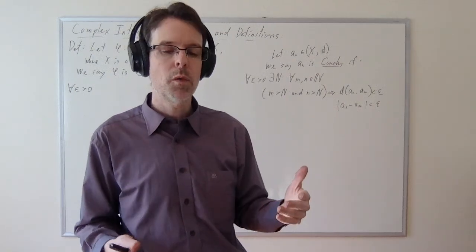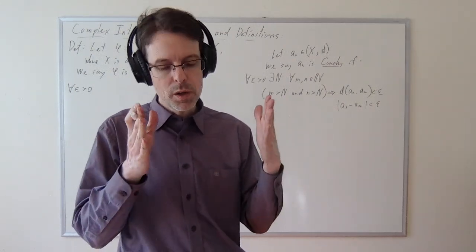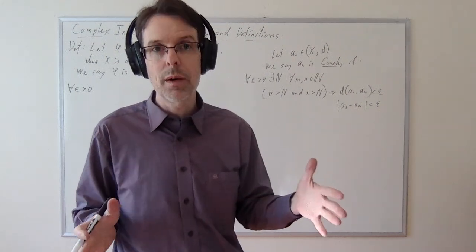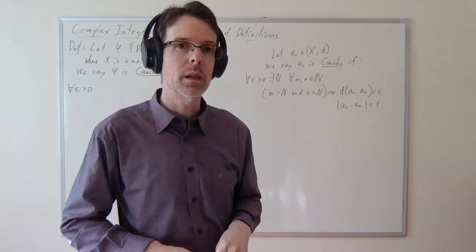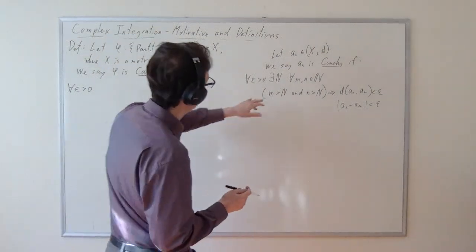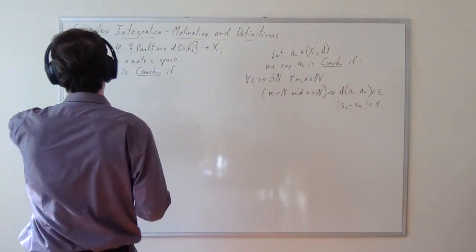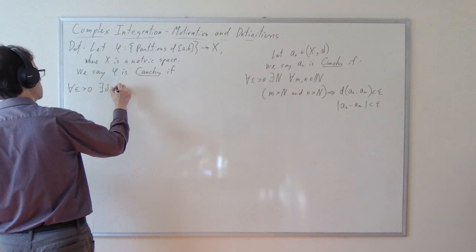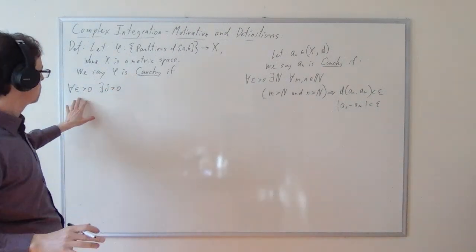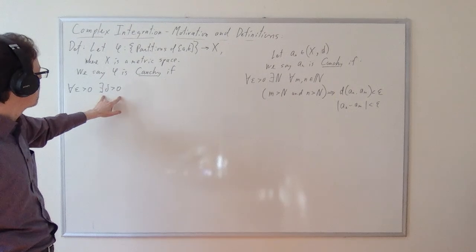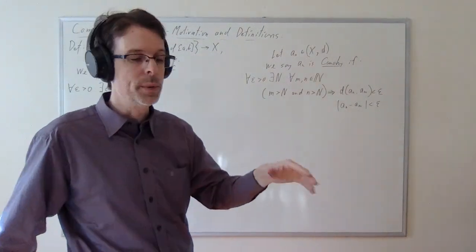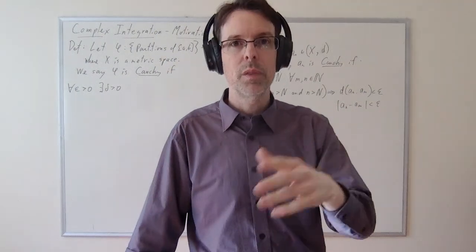So the eventuality for partitions would be that they have reached a certain level of refinement. So it would be a delta here. The analog of there exists a capital N is there exists, again, a delta. And notice, so far, this does not differ from the definition of a limit, right? For every epsilon, there exists a delta.